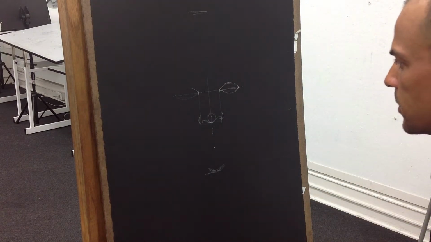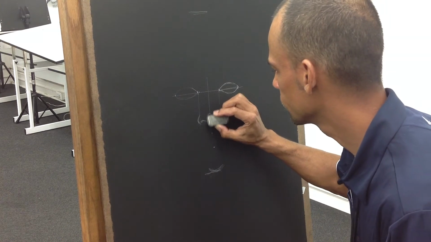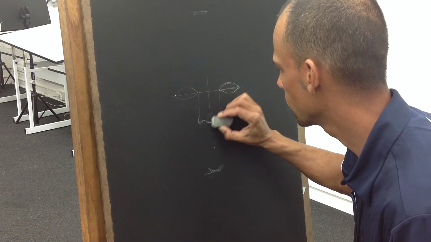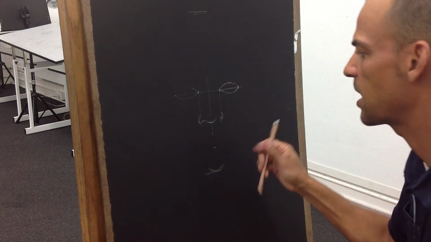Work out the shape of my nose. I'm going to take that circle out, and that was just the basis to give me a feel for what the shape of my nose was going to be.